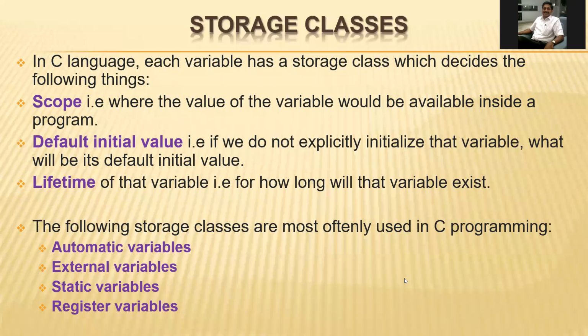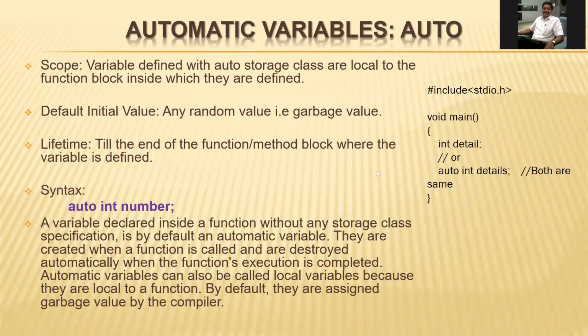So these variables we can declare and use with their scope and lifetime, as well as the initial value we can declare at the time of declaring the variable. First we have to see the automatic variables, that is called auto. So what is the scope?